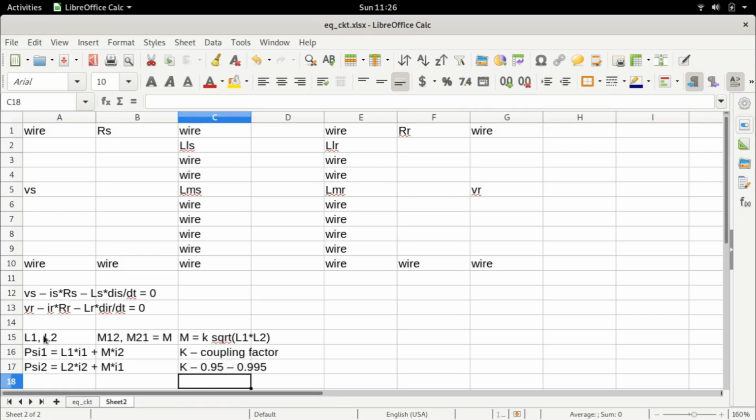So this is how we usually express any general magnetically coupled system, right? We know the inductances, these are the self-inductances, and there is a mutual inductance which can be expressed with respect to the self-inductances, taking into account the coupling factor. And once we have this, we can write the equations for this magnetically coupled circuit. These are the flux linkages.